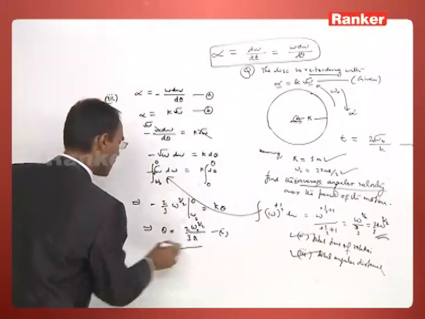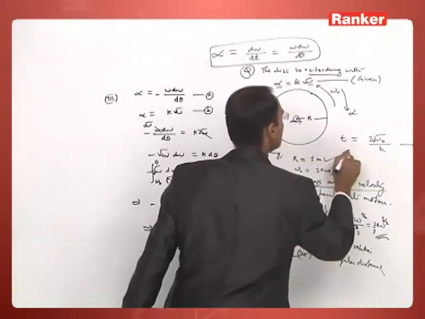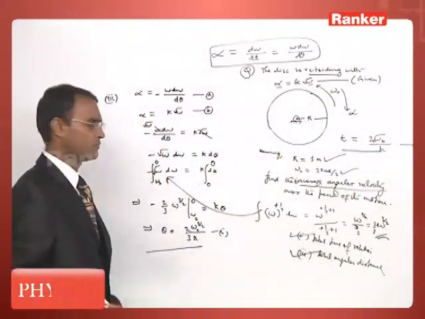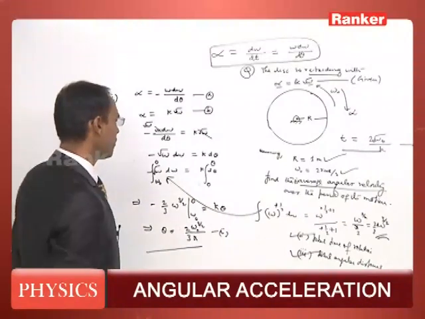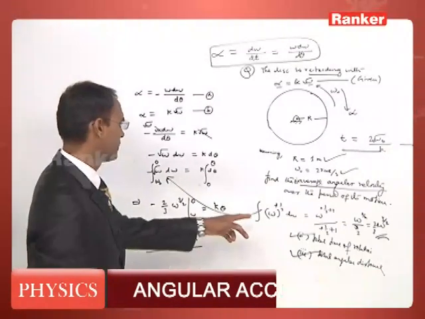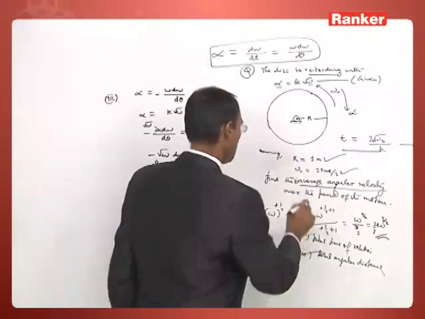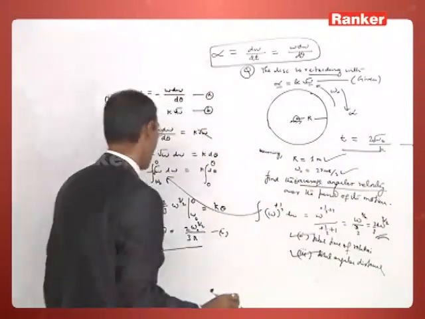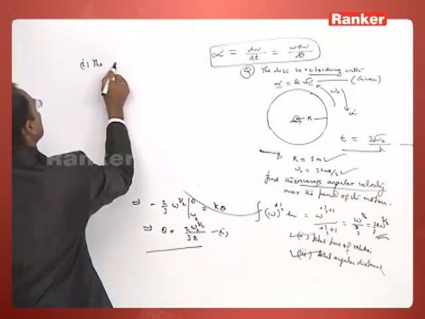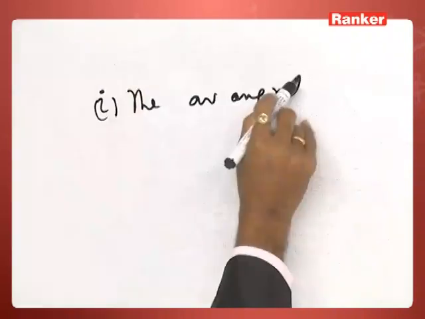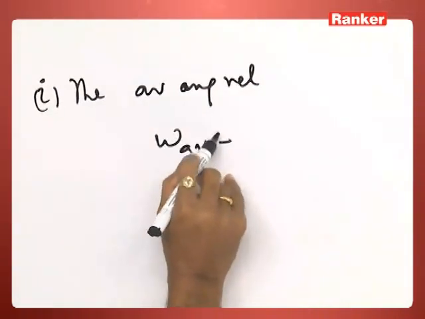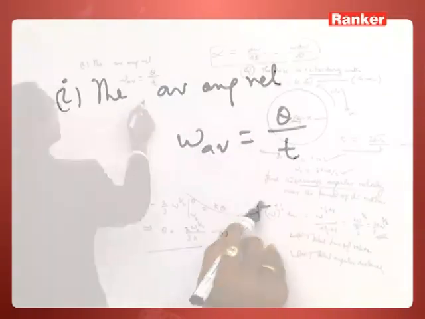When you get the total angle and we got the total time, taking the ratio, we can get the average angular velocity. The average angular velocity omega average is equal to total distance by total time.